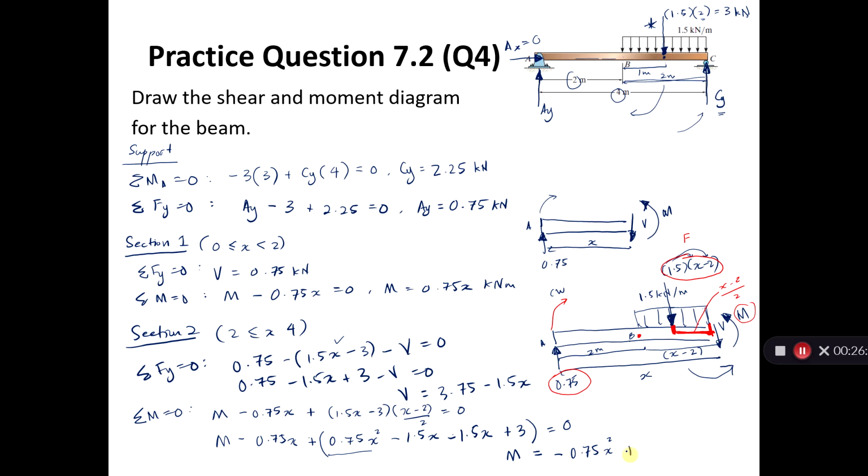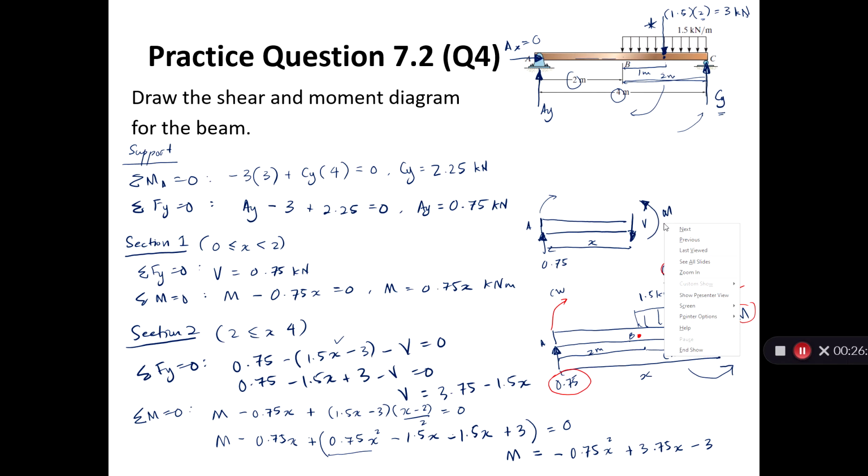Move to the other side will be plus 3.75x, and then 3 is the only constant we have there, so minus 3. That's your final equation.